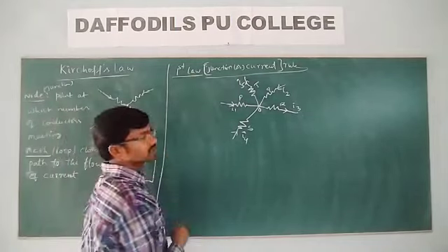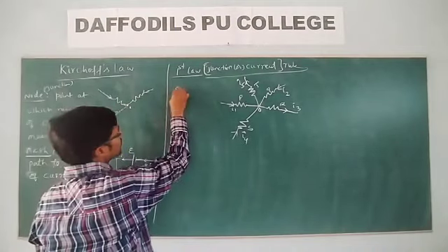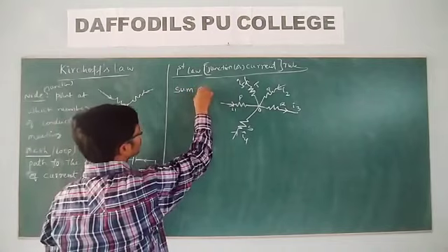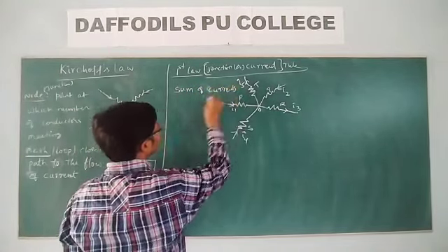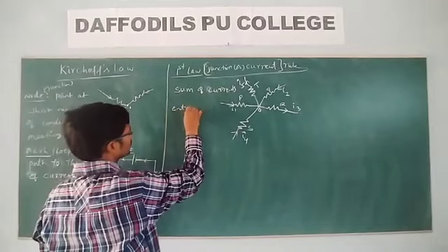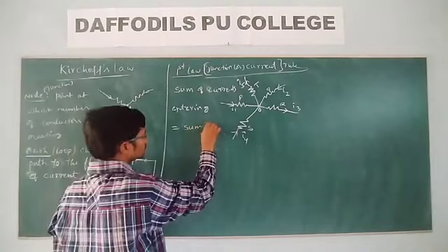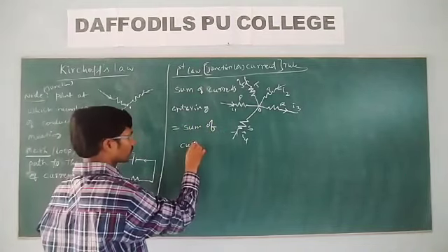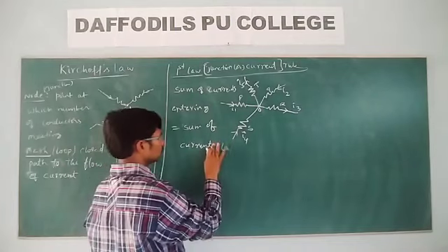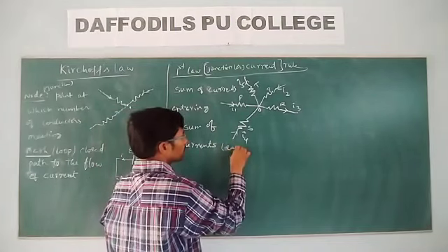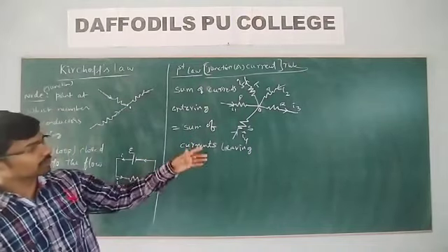According to Kirchhoff's first law, the junction rule or current rule, the sum of currents entering the junction is equal to the sum of currents leaving.